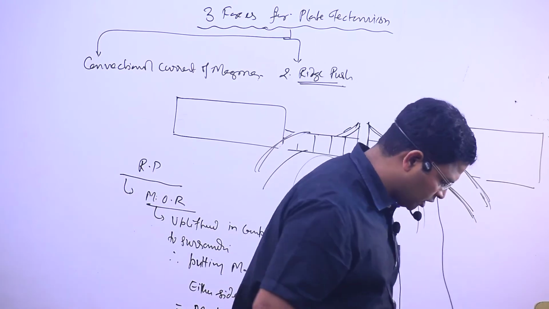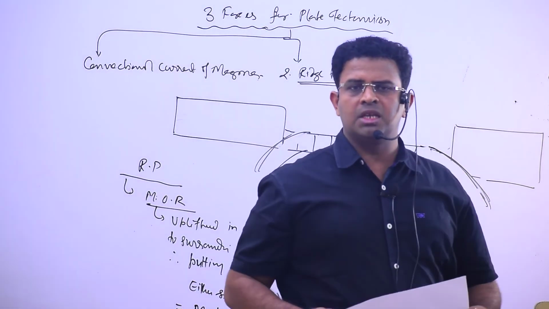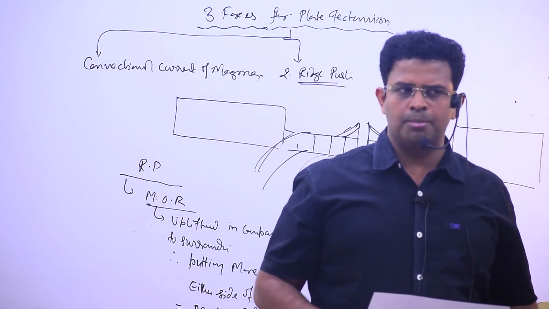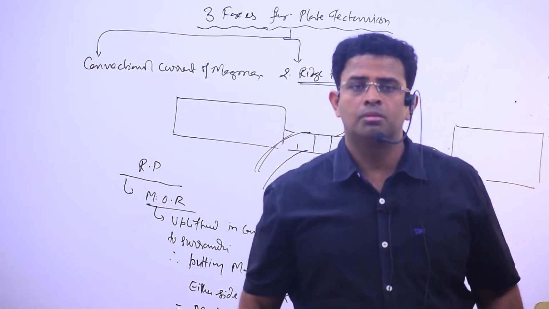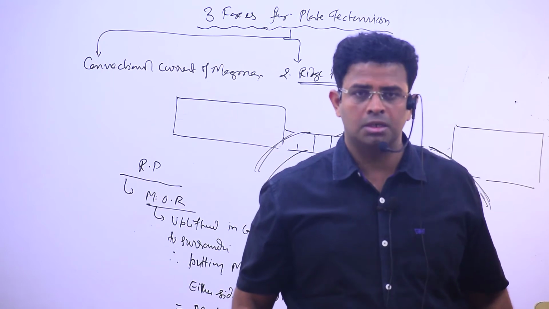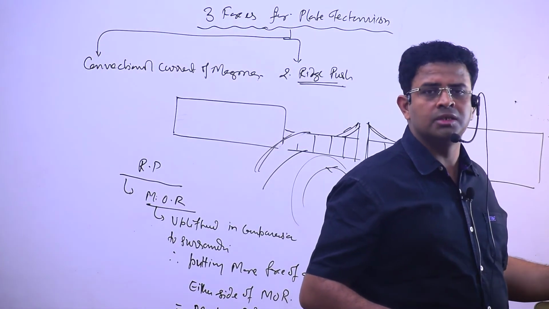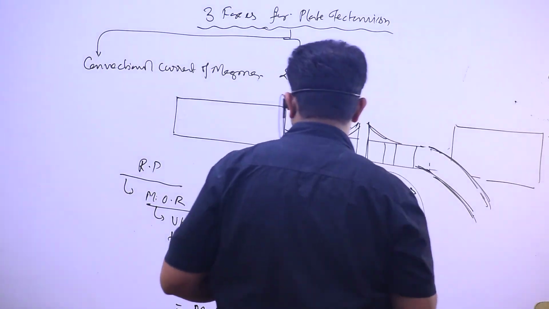Understood? So after a certain angle of subduction, that is around more than 45 degrees, the slab pull becomes enough to make the plate movement further more intensified. Understood? So slab pull is happening with the help of which two forces?